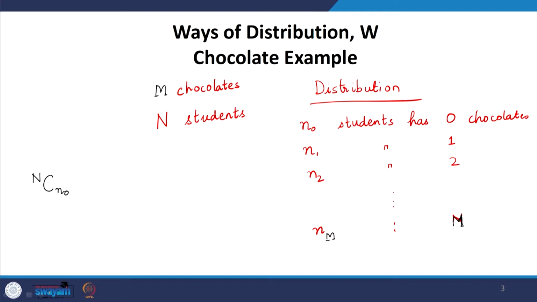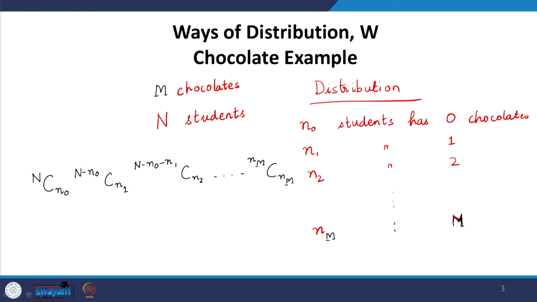Now, once we have done that, we have n minus n0 students remaining, and I can again pick n1 students from the remaining ones in (n minus n0)Cn1 ways, and after that we will have n minus n0 minus n1 students remaining, and we can pick n2 students from there, and I can keep on doing it until I have only n_m students remaining, and they get m chocolates, right.